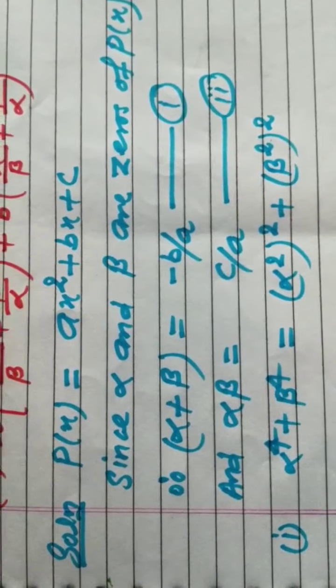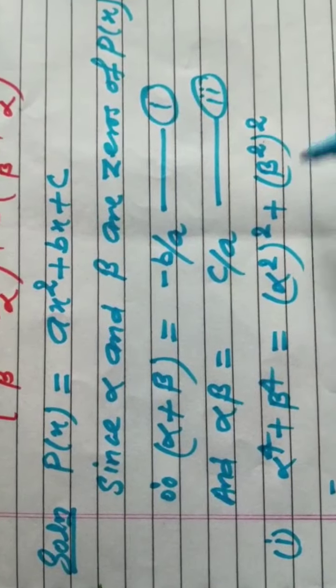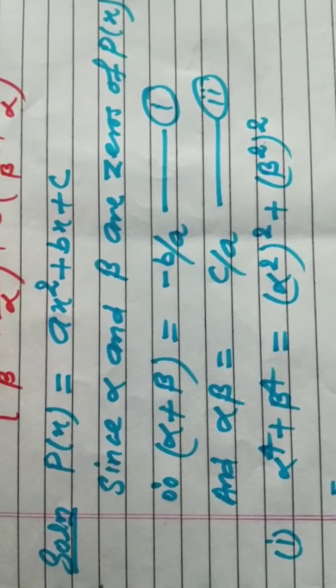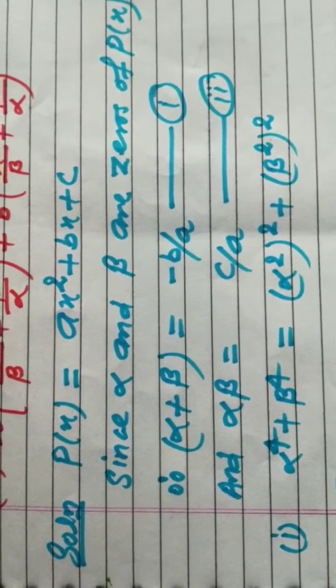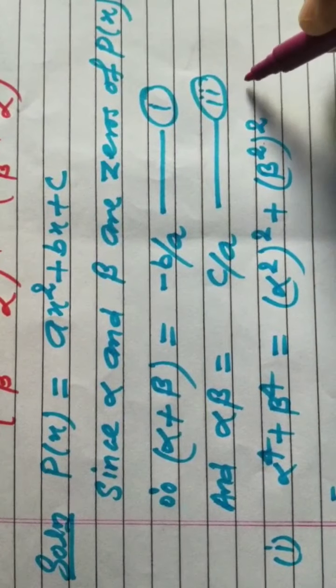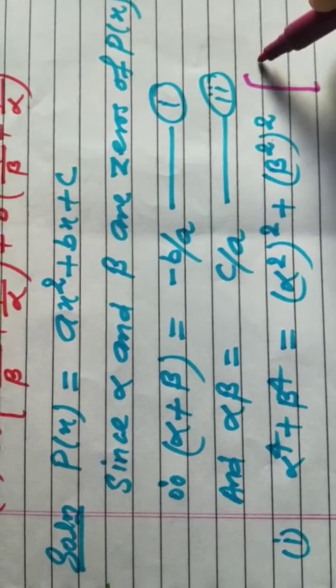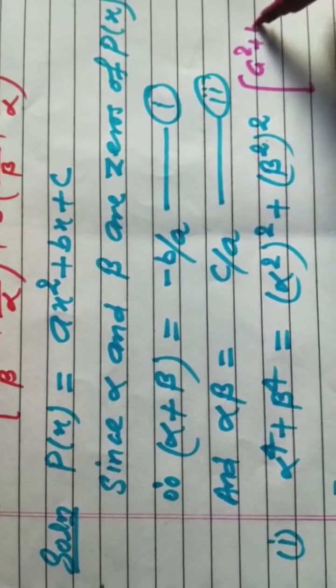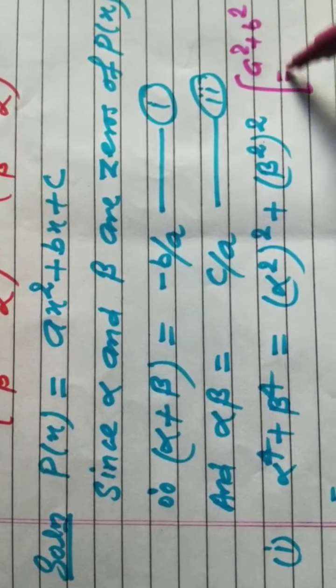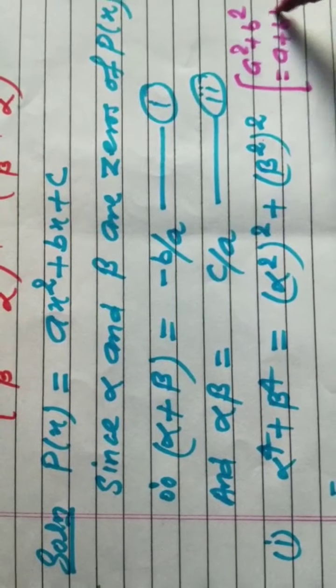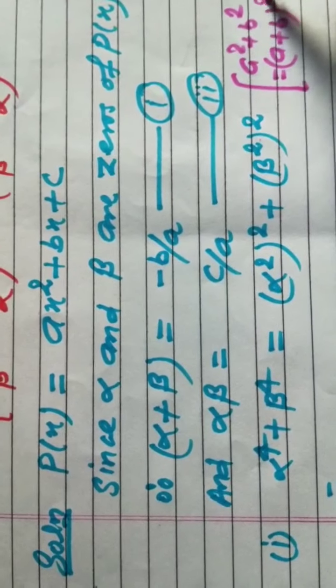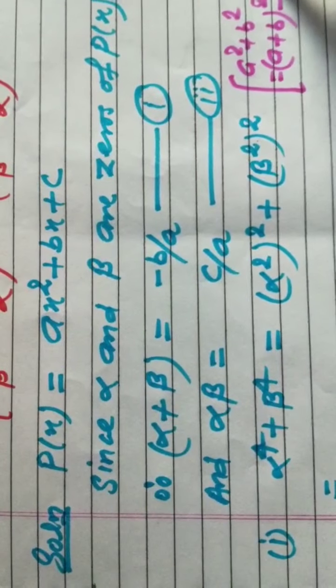And we know that a square plus b square is equal to (a plus b) the whole square minus 2ab.